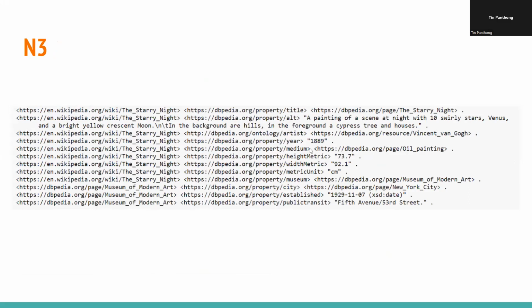So this is the difference between N3 and Turtle. But I think this way of syntax, isn't it N-Triples, or are they the same? N3, it is N-Triples. All right, Triples. Is it the same, right? I think it's the same. I think N-Triples is a subset of N3.